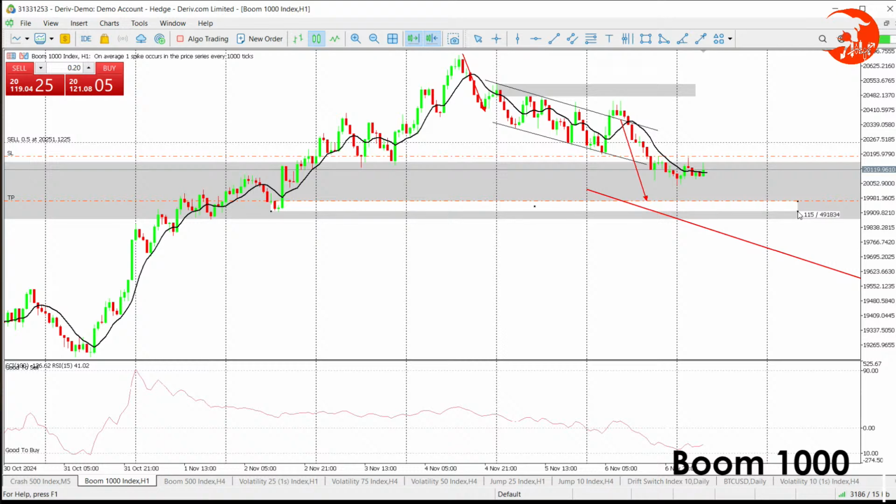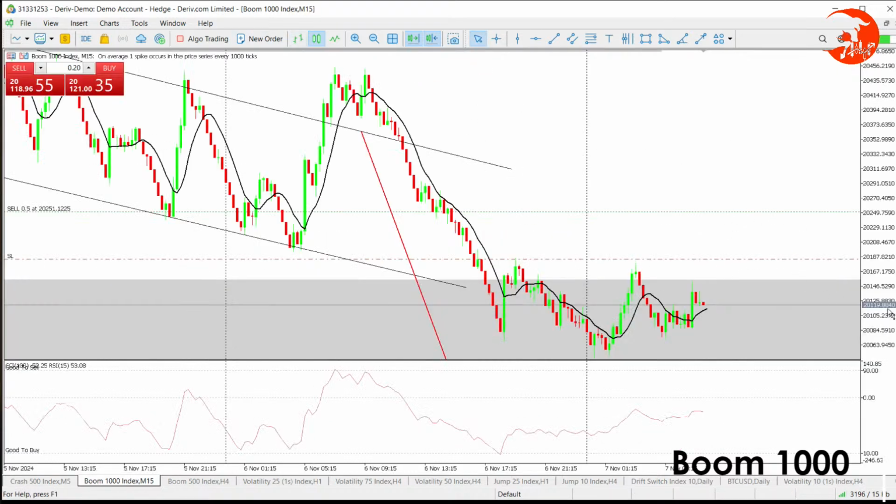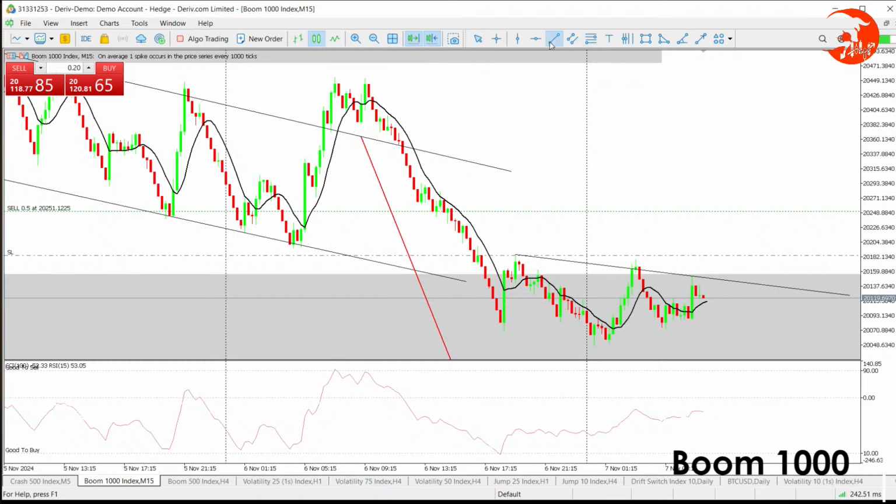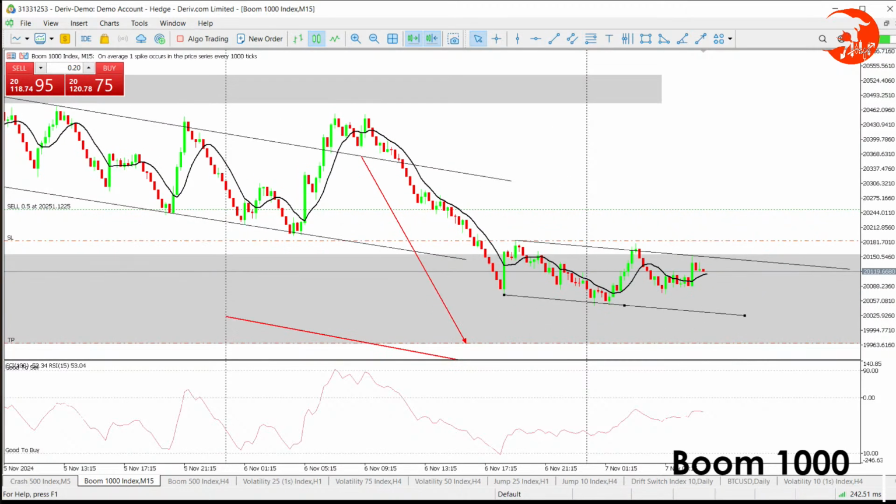But as from where we are currently, you can notice there's been a consolidation happening there, and if I was to somehow understand the consolidation there, the structure, I'll be getting something of sort there.